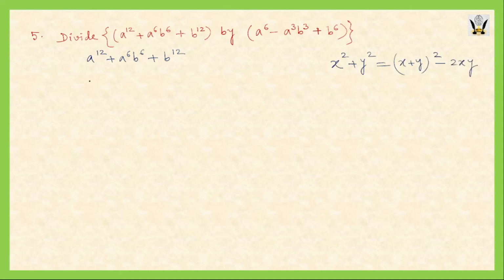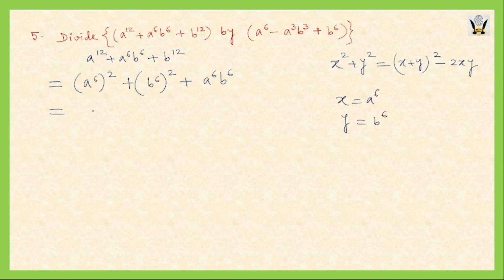Now a to the power 12, if we rewrite this as the square of a to the power 6, and b to the power 12 can also be written as the square of b to the power 6, and then the second term that we had in the original expression was a to the power 6 multiplied by b to the power 6. Now this resembles this identity x square plus y square, where x is our a to the power 6 and y is our b to the power 6.